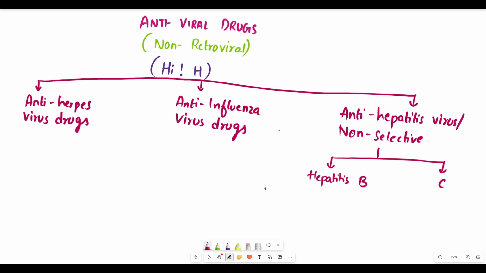Now let's try to write these tricks for each class. In the anti-herpes virus drugs, let's divide this group into three things. One, with cyclovir. That means some examples we'll write with cyclovir. And in the cyclovir, remember it as a very famous gang visit.